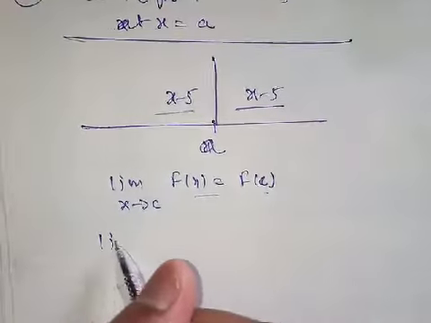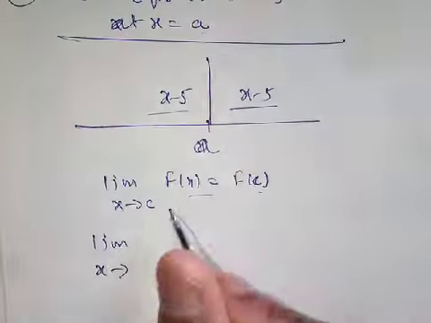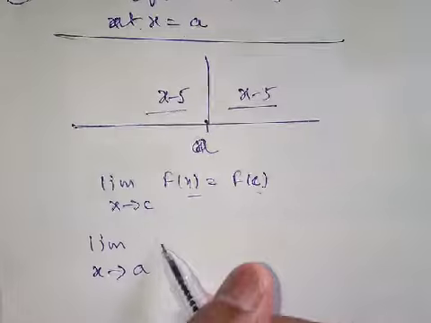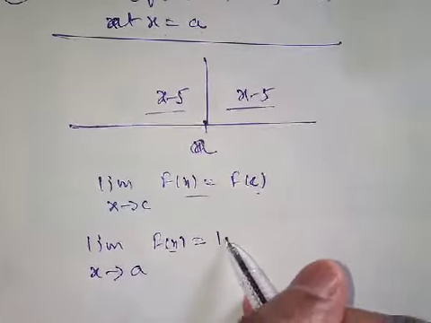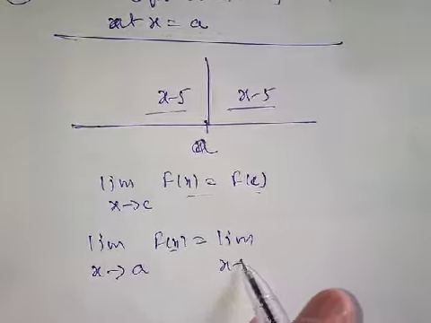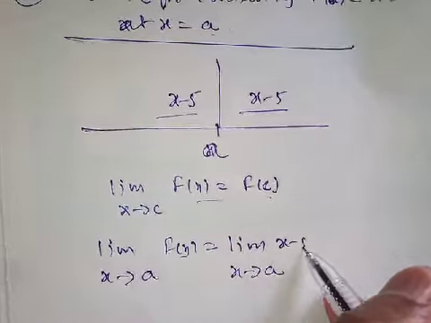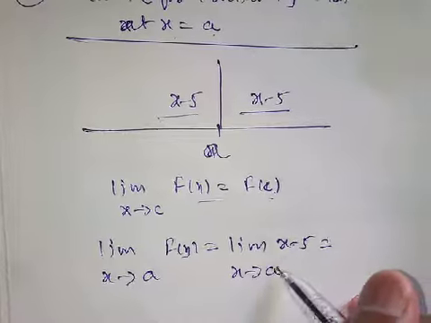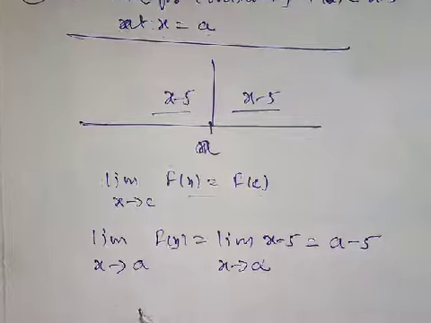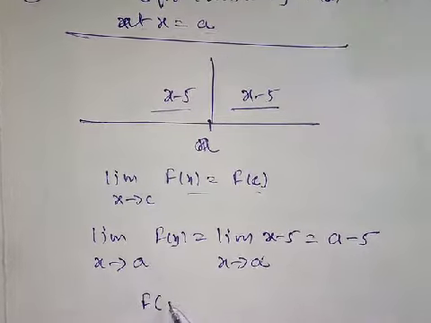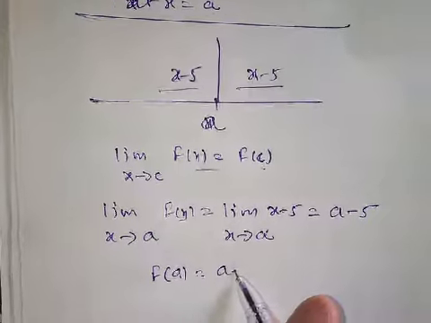So the limit as x tends to a, in place of c is a, of f of x. What is the function f of x? f of x is x minus 5. So substitute here, and you'll get a minus 5. Let's check for f of a. f of a is what? a minus 5.